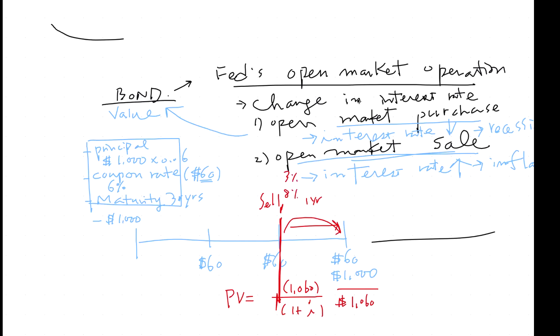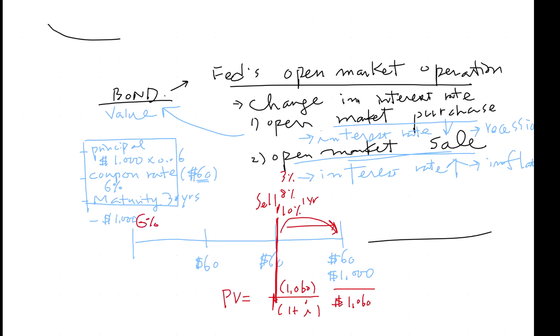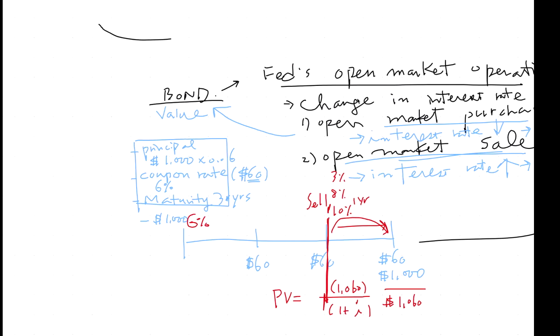The market interest rate was 6%. It can become either 3, 8, or 10. How? Open market operation.